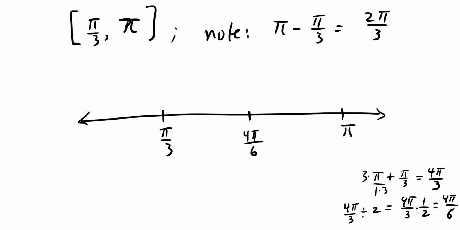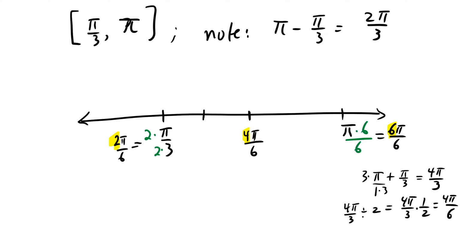I'm going to get these 3 numbers to have the same denominator. So I'm going to multiply this by 2 to make it 6, this by 2, so multiply by 6 and by 6. That will give us 2 pi over 6, and this will give us 6 pi over 6. Note the strategy, or the trick. I see a 2 here, I see 4, and I see 6. Guess what's going to be in the middle? Just to save us work, every time add and divide.